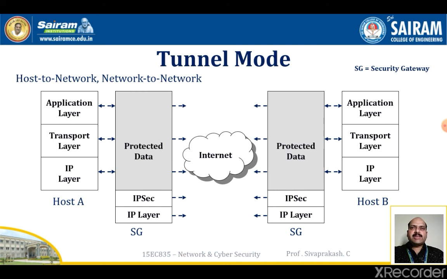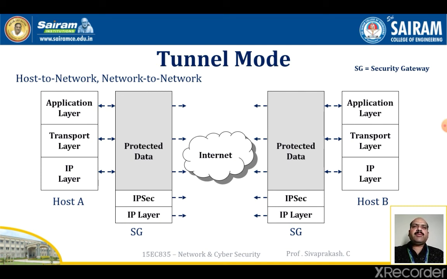Here is an example of how tunnel mode IPsec operates. Host A on a network generates an IP packet with the destination address of host B on another network. This packet is routed from the originating host to a firewall or secured router at the boundary of A's network. The firewall filters all outgoing packets to determine the need for IP security processing.